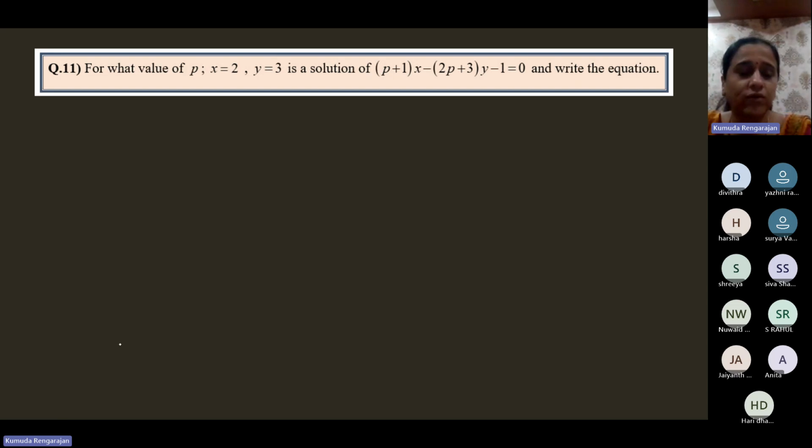For what value of p, x is equal to 2, y is equal to 3 is a solution of this equation? And write the equation. Tell me, how do we do this?